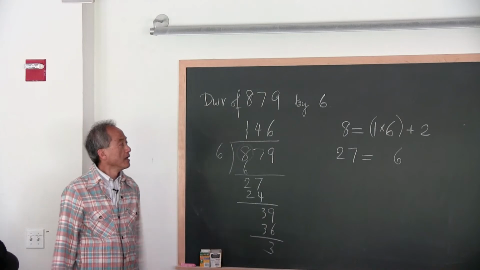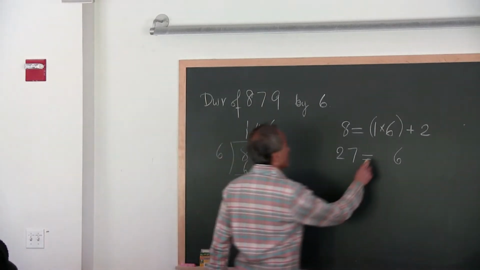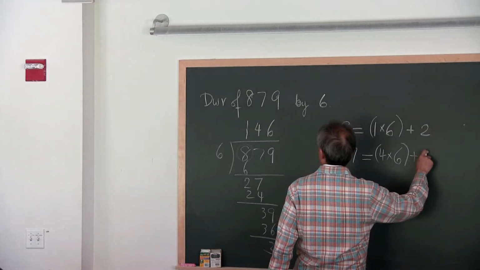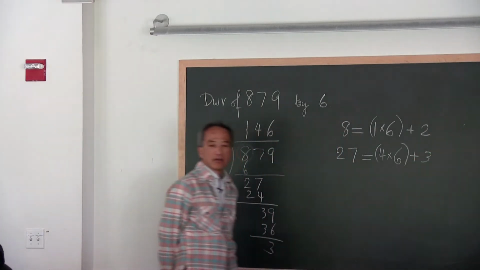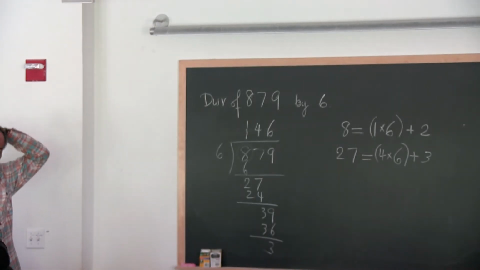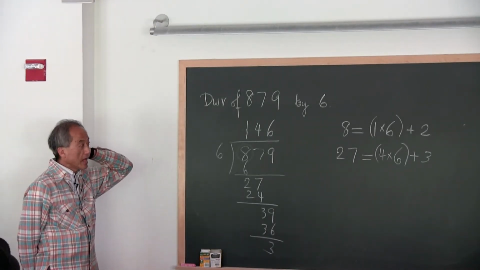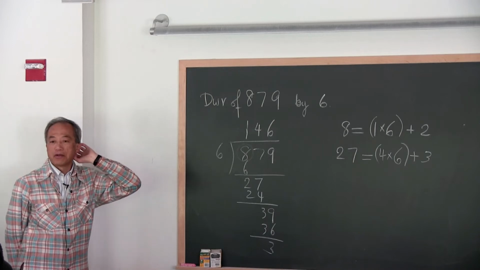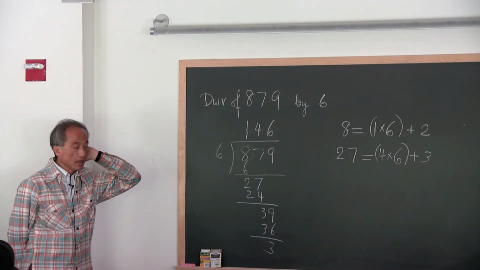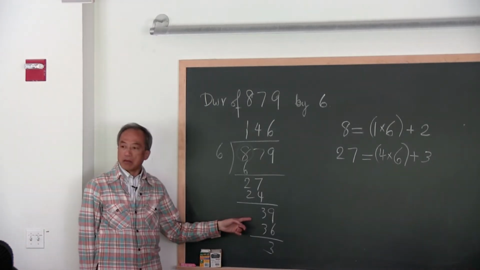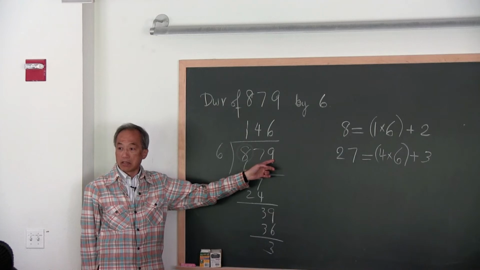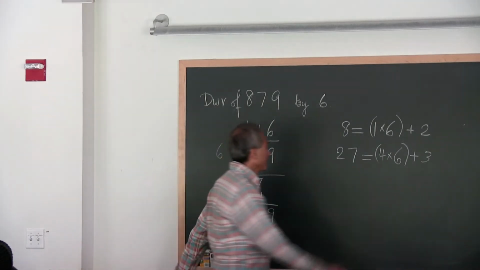Then you know what it is: 4 times 6 plus 3. Good? Now I have another remainder, 3. So the prescription is what? 3 times 10 with the other digit added. So that's 39.